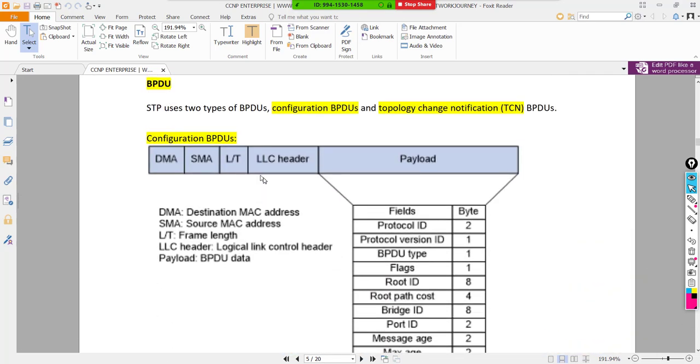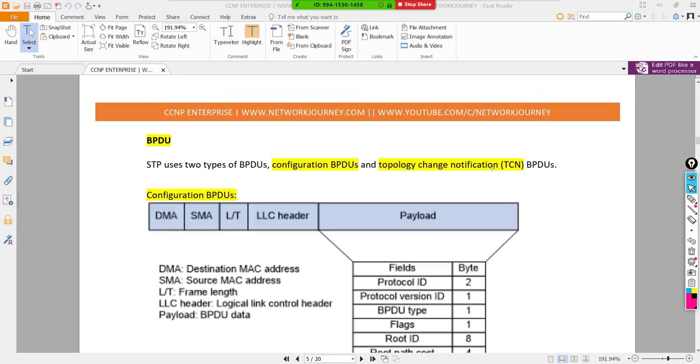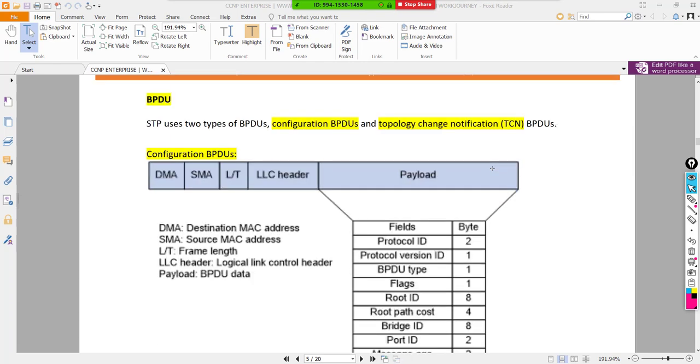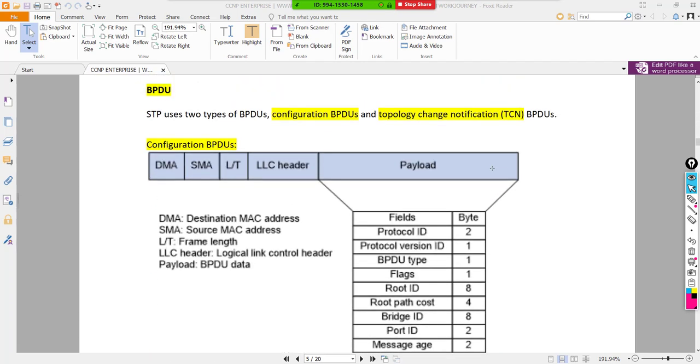Now this is a BPDU. I'm not sure whether you have already checked this, because I know some of you are already CCIE, and some might have CCNP certification as well. So this is a BPDU message, which is in your data, in your Ethernet frame.